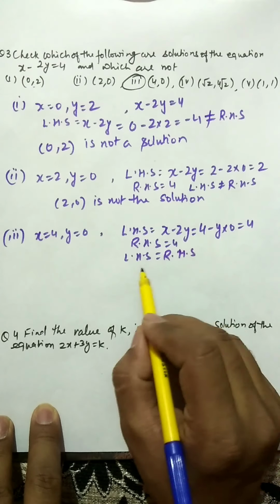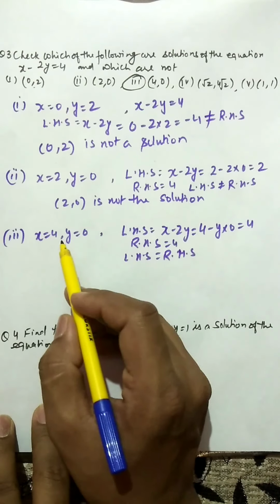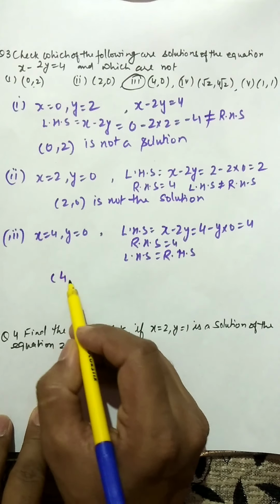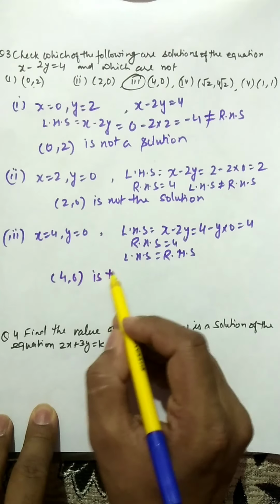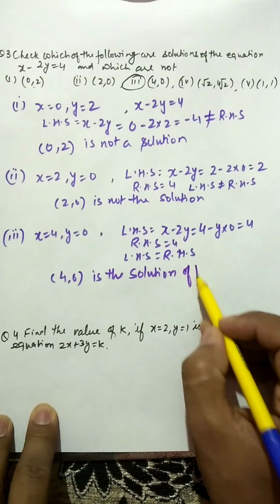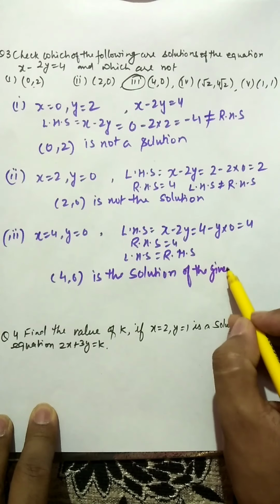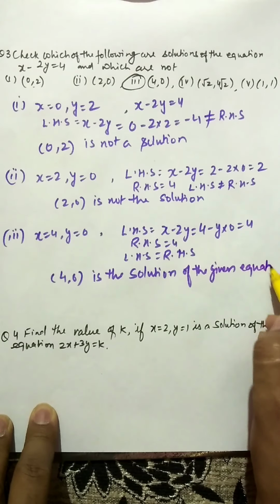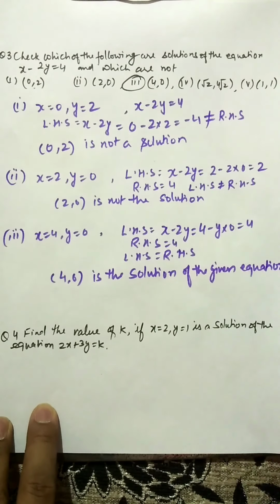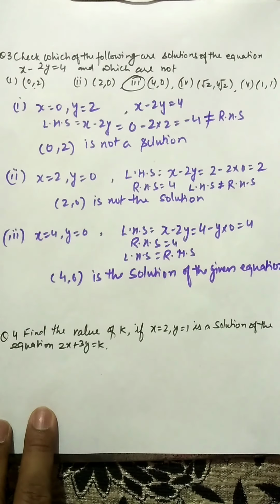Whenever you get this situation that LHS equals RHS for some value of x and some value of y, then you say that 4 comma 0 is a solution of the given equation. For the rest of the parts you may try yourself whether they are solutions or not.